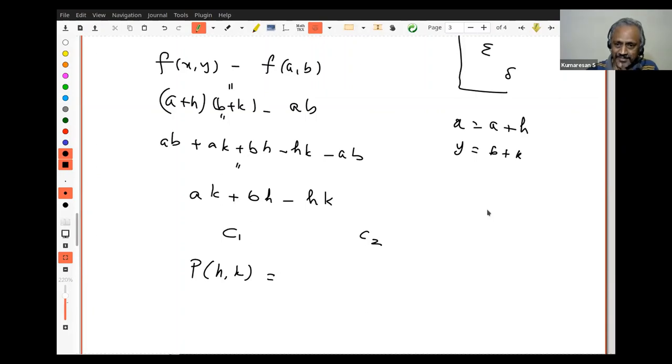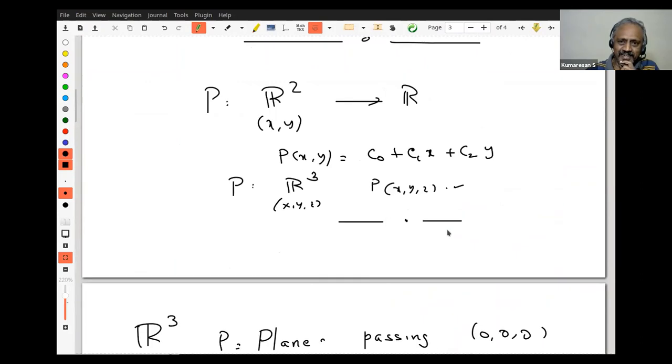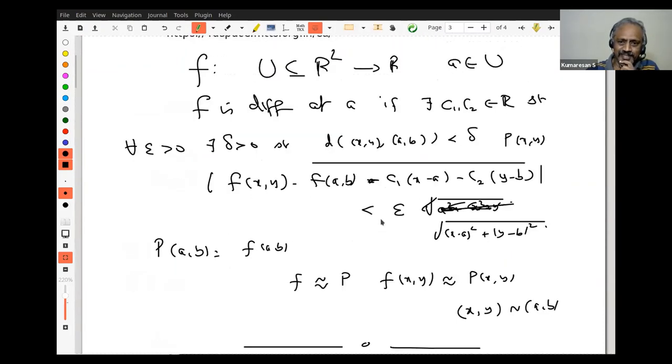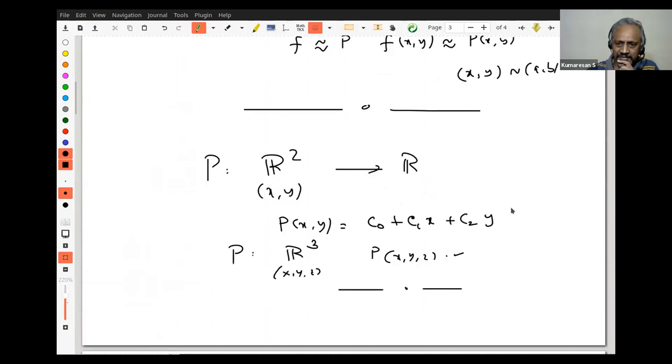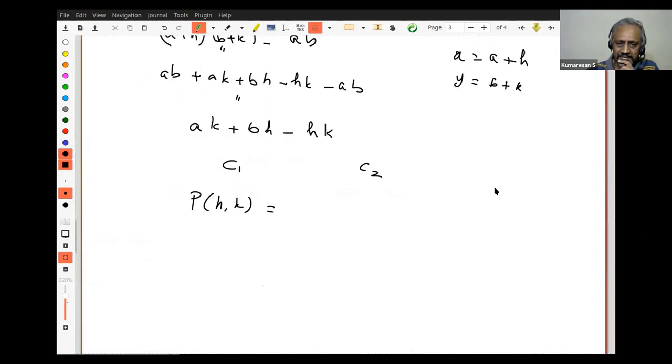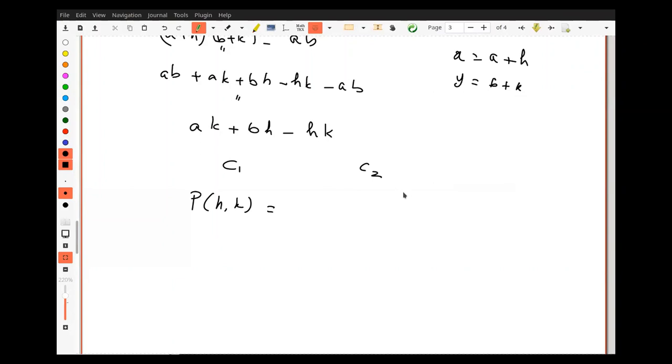I am not saying take this; you are discovering. Try. Look at this: C1 times h, C2 times k. What are the first degree terms in this expression? ak plus bh. Speak louder, please. ak plus bh is correct.